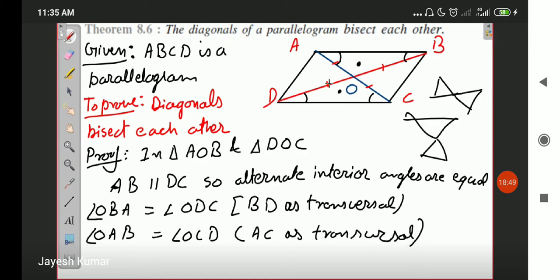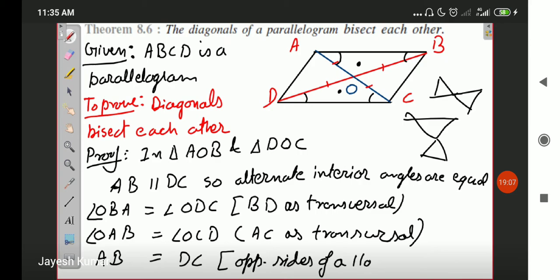We have taken two angles, and the side between them, AB and DC, are equal, because in one of the previous theorems we have proved that opposite sides of a parallelogram are equal.